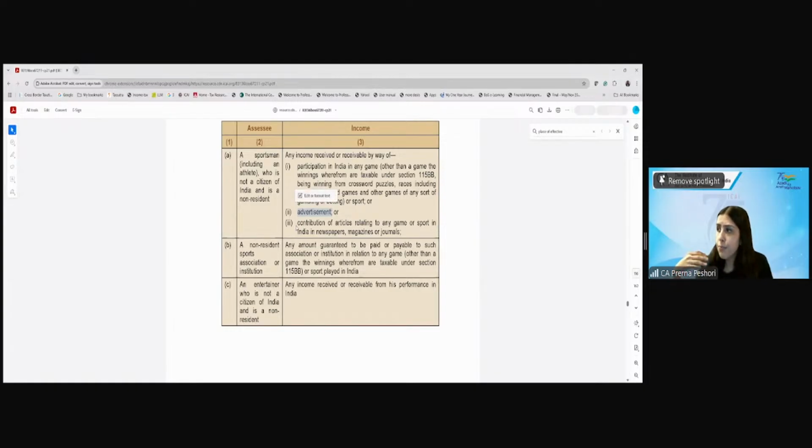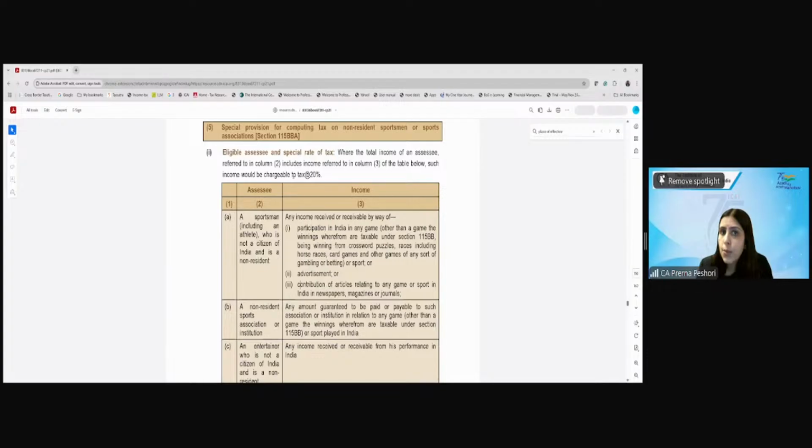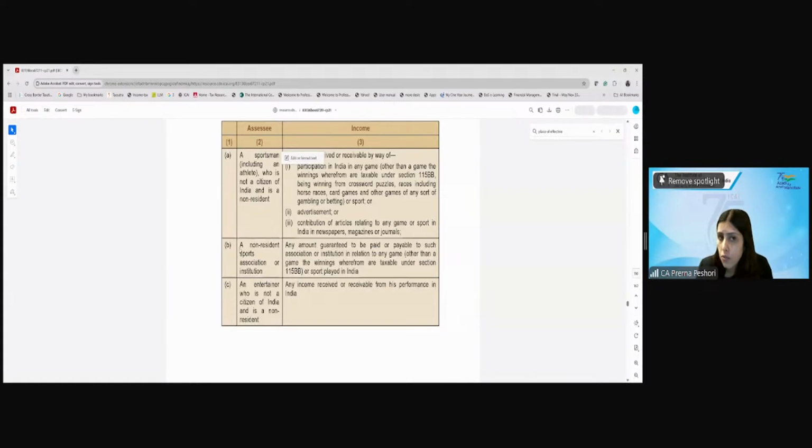A lot of foreign players are there, like Messi; you see their advertisements in India. Whatever income they receive will be taxable at 20%. Contribution of articles to any magazines, journals or newspapers by a sportsman will also be covered at 20% if he is not a citizen of India and is a non-resident.